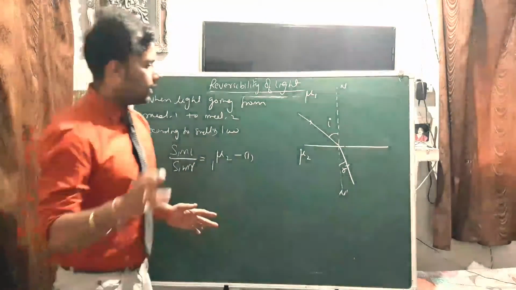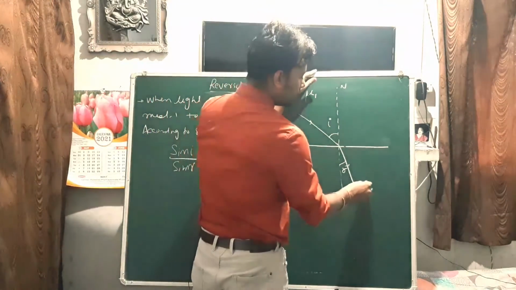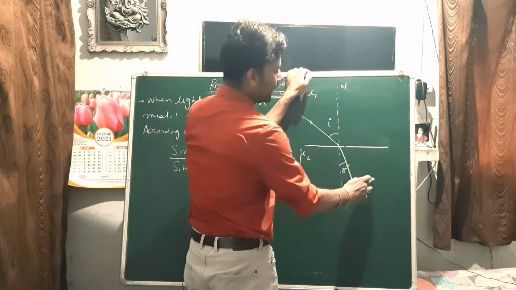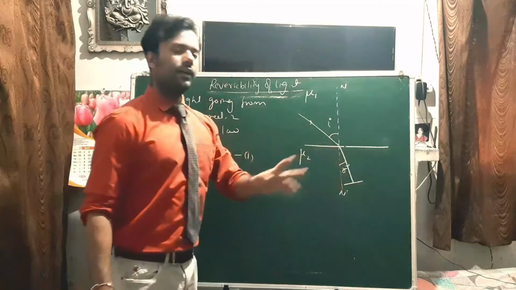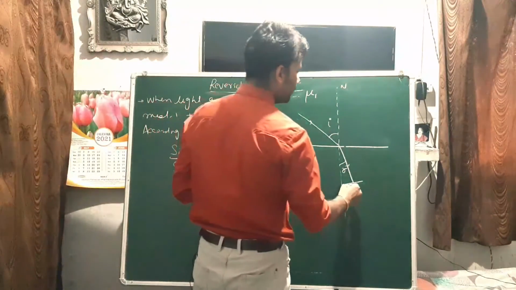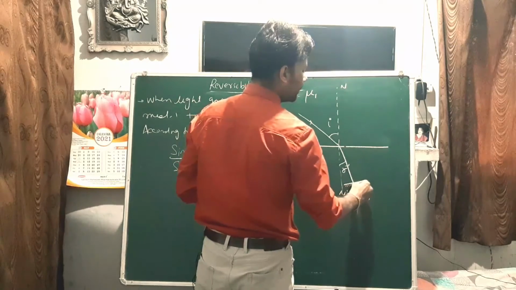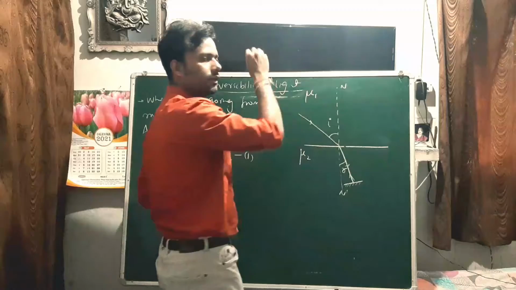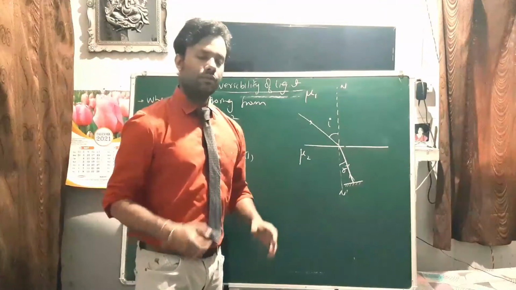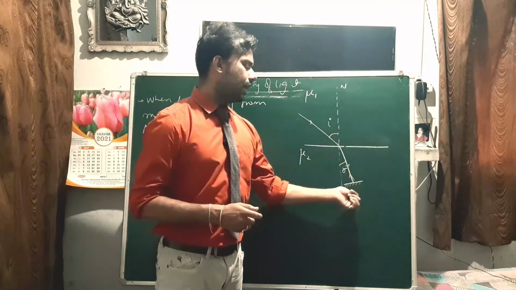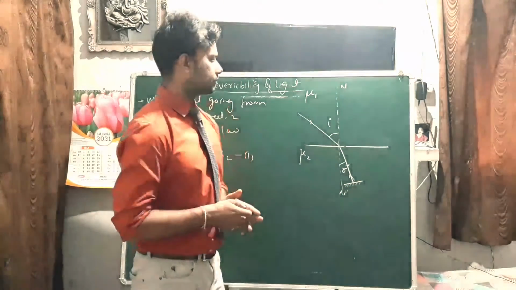It's simple. Now let's see, suppose I have placed a plane mirror perpendicular to the refracted ray. So what will happen? This refracted ray strikes the plane mirror and returns along its path. So light reflects from this plane mirror and retraces its path.